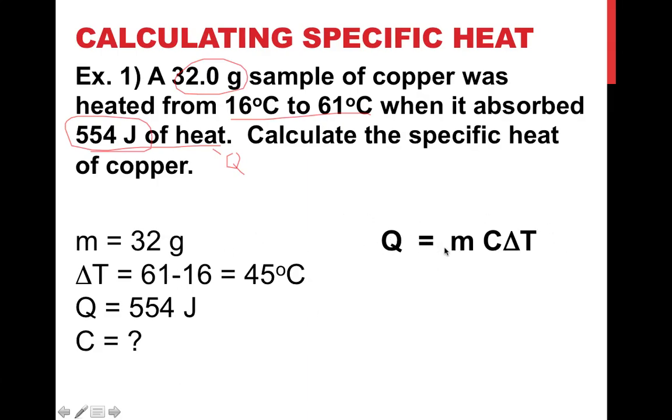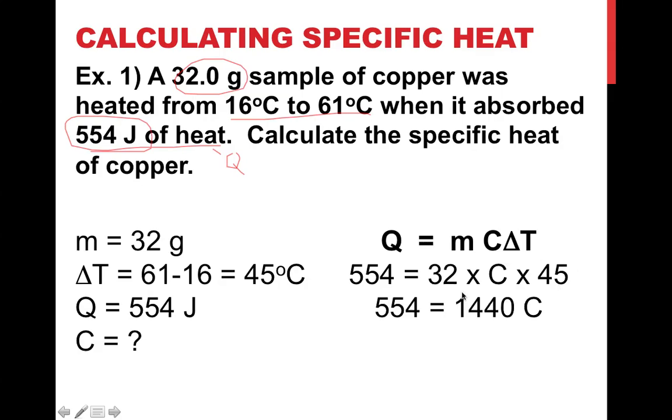Let me plug in these numbers for my work. I have all my numbers except for C, so algebraically I'm going to solve for C by dividing by these two. These two multiplied is 1,440. Divide both sides by this to get rid of it. That gives C equals 0.3866 joules per gram degrees Celsius. Simple enough.